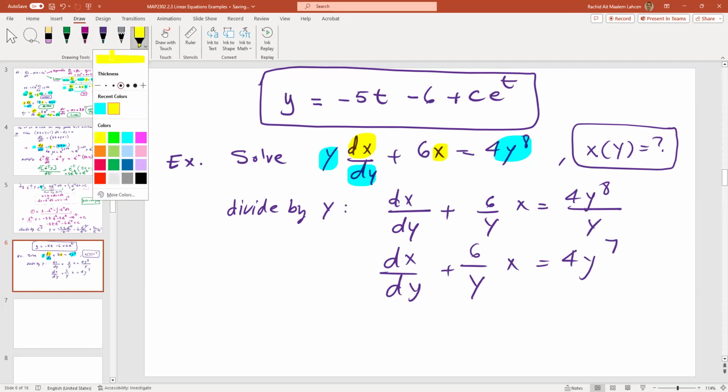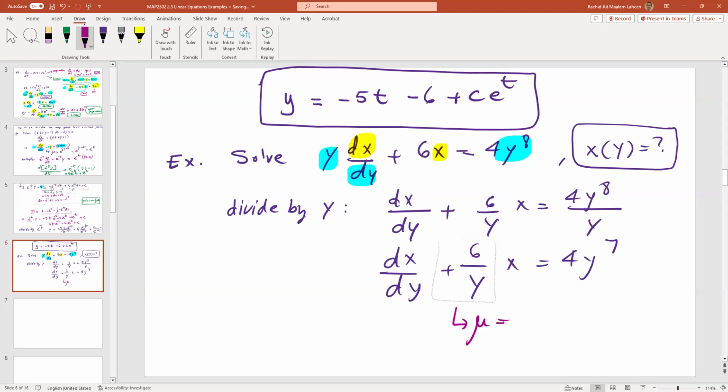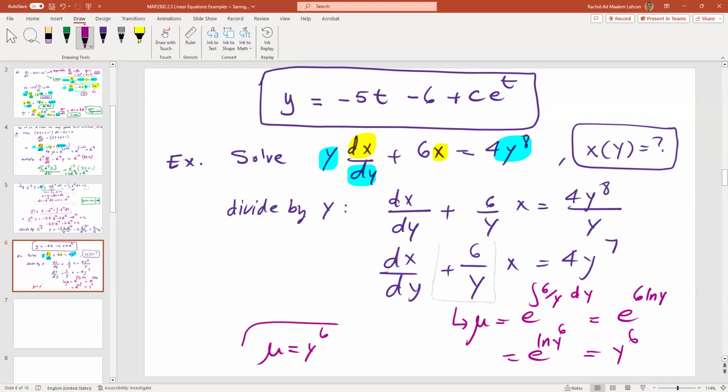So mu is e to the integral of this thing dy, which means e to 6 natural log of y, which means e to the natural log of y to the 6, which means y to the 6th. So mu is y to the 6th.